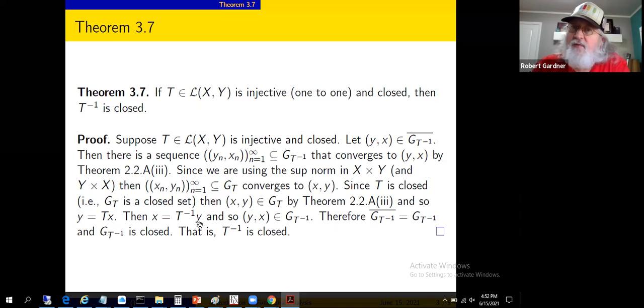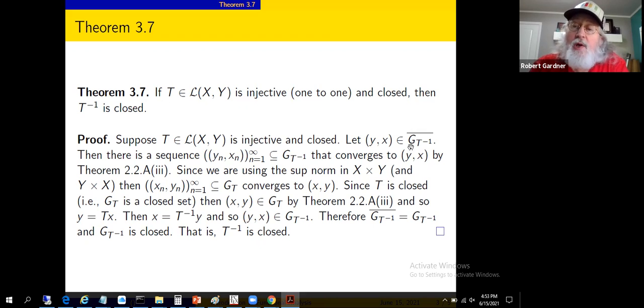No problem with T inverse, since we started with a one-to-one mapping T. So if x equals T inverse of y, that means in terms of the graph of T inverse that the pair (y,x) is in the graph of T inverse. So what we've shown is that if we take an arbitrary (y,x) in the closure of the graph of T inverse, that point (y,x) is also in the graph of T inverse.